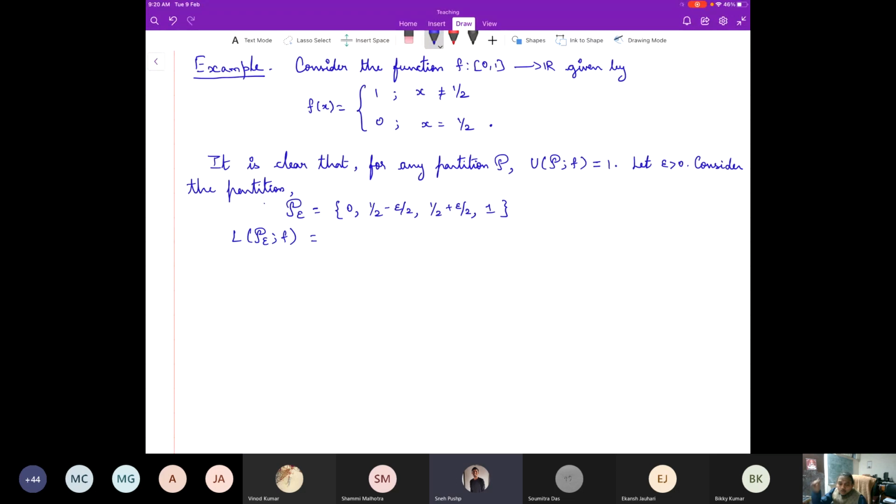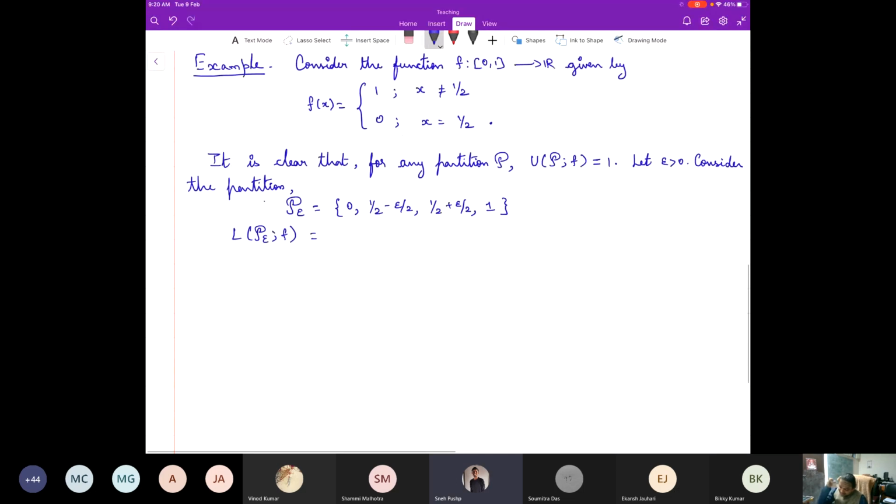The function is 1 throughout, except the point half.